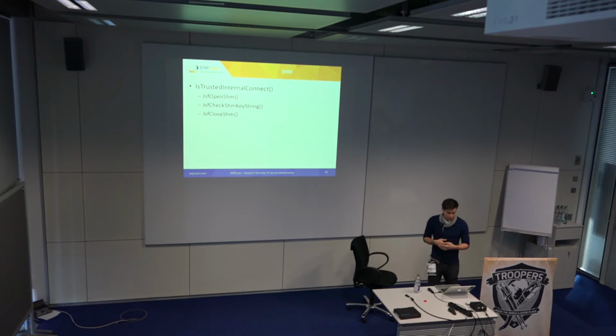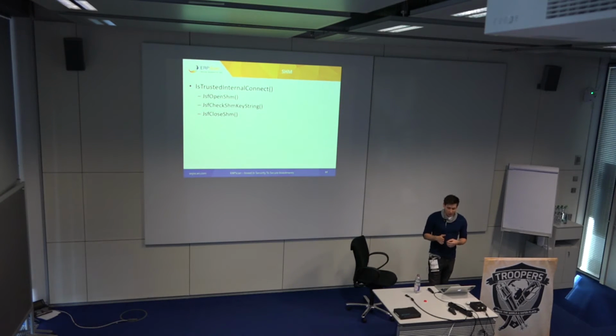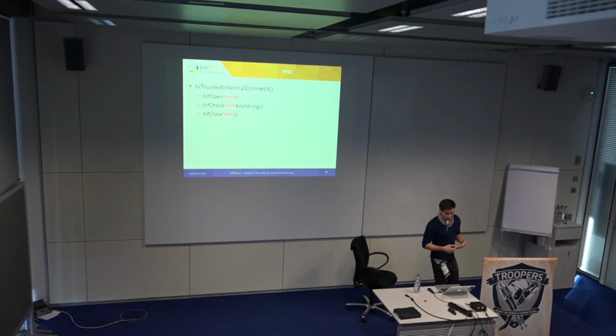For that, we went deep into the function is trusted internal connect and found three interesting functions: GSF open SHM, GSF check SHM key string, and GSF close SHM. All these three functions have a common part, SHM. What is that?